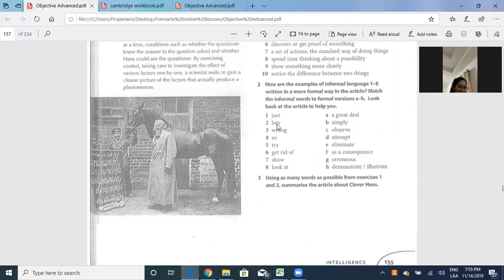Okay, lots. This is like a lot of, but in this case, lots, no. Great deal.